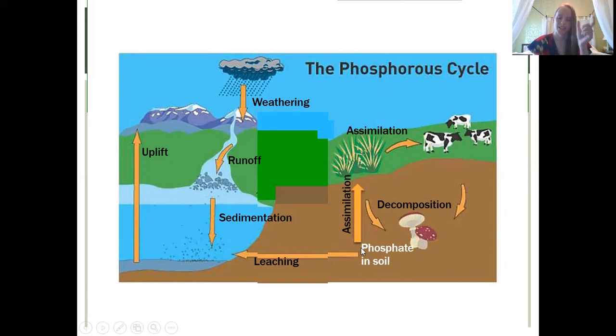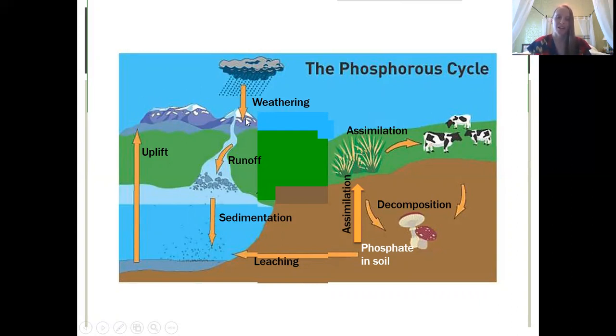So that's kind of the first little cycle, the assimilation and then decomposition, just moving phosphates between the soil and living things. Those phosphates in the soil can also leach directly into a body of water and then fall to the bottom, which is how we connect to the other kind of cycle within the phosphorus cycle.